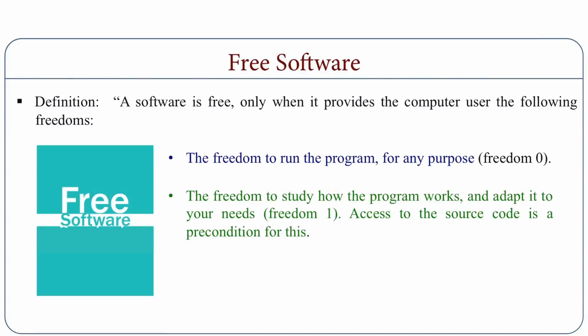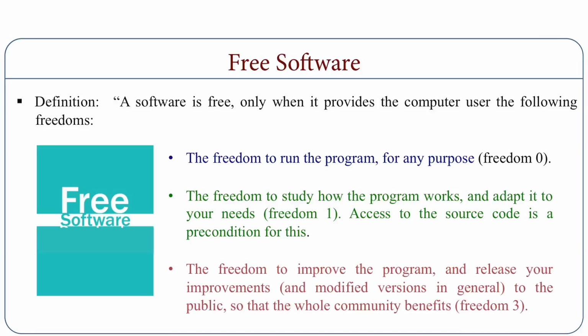Even if I buy a software, I should be able to open the source code and look at it. And the third kind of freedom is that I should be able to modify it. If I need any kind of customization, or I need to remove any bugs, or I need any improvements in the software, I should be able to do so.